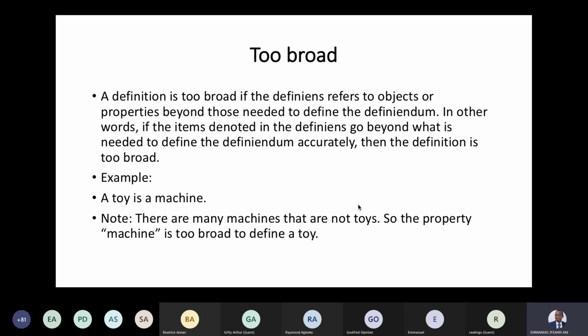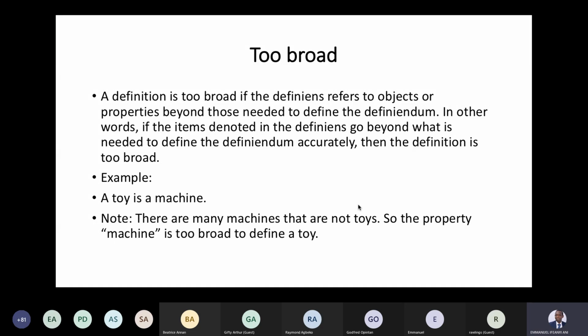A definition is too broad if the definiens refers to objects or properties beyond those needed to define a definiendum. In other words, if the items denoted in the definiens go beyond what is needed to define the definiendum accurately, then the definition is too broad.